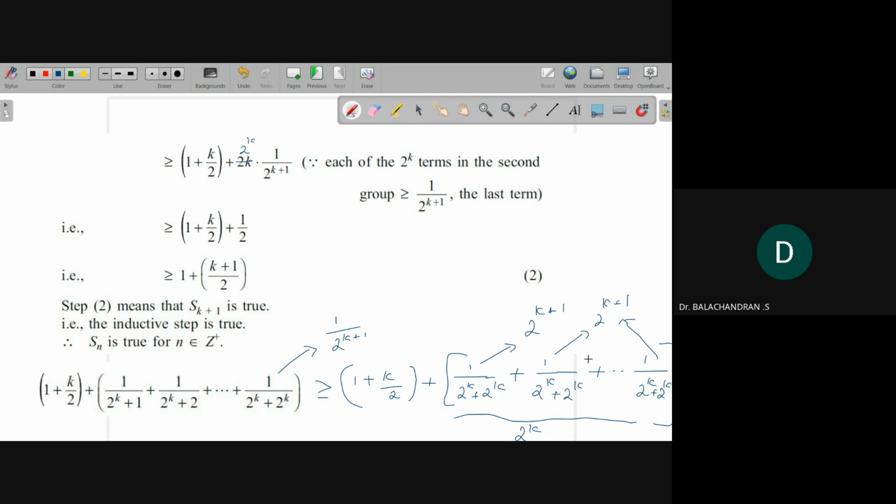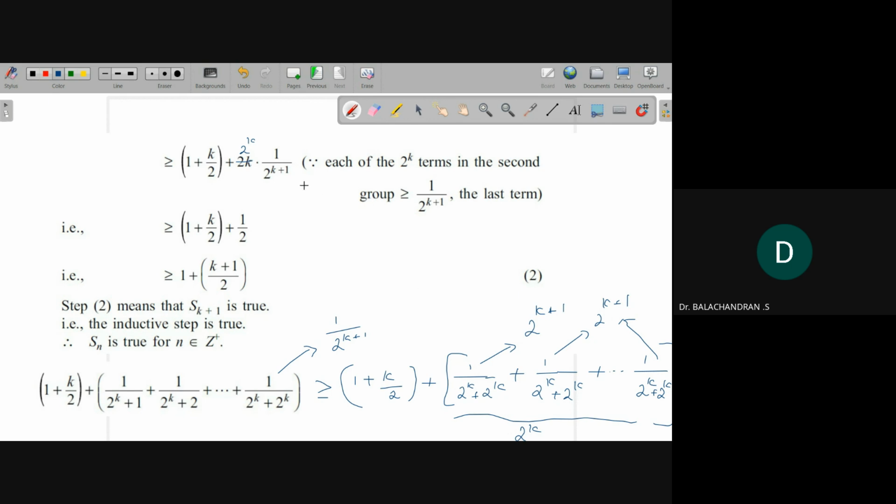The denominator is 2 power k plus 1. The numerator is 1. So that's why they wrote 1 by 2 power k plus 1. So totally how many 1 by 2 power k plus 1 here? 2 power k. So that is the idea.